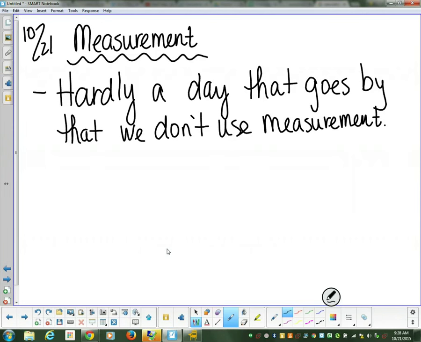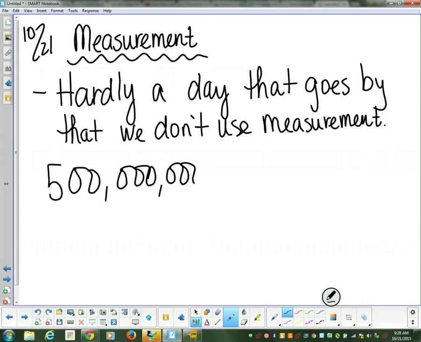And so I started to count 1, 2, and I was out there for a while until all of a sudden I got to like the number 500 million. And I stopped and I said, well, I'm tired, I should probably go in. And I didn't get through counting all of the stars.